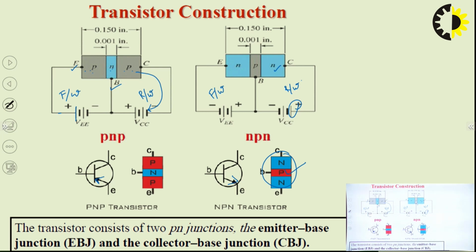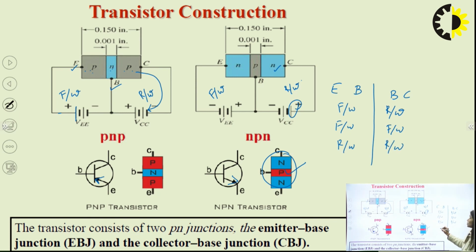But we can have all the arrangements too, like I can connect my E, B and C, both the junctions. Here forward reverse has been shown, and we can connect as forward, we can connect as reverse, and we can also connect as reverse forward, right?